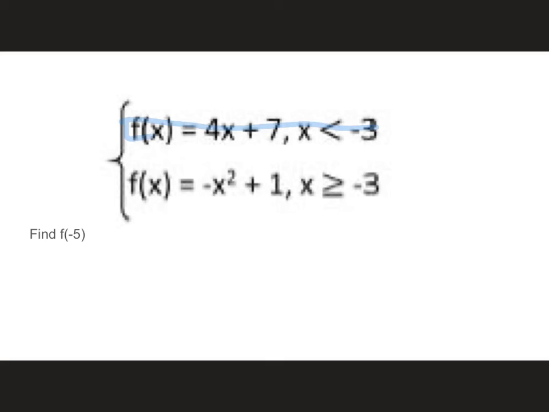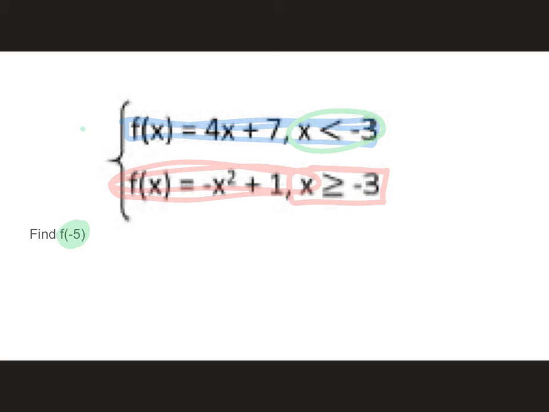When x is greater than or equal to -3, we use this guy, okay? So we want to know f of -5. -5 is less than -3, so we're going to use this one. We get to ignore that one.